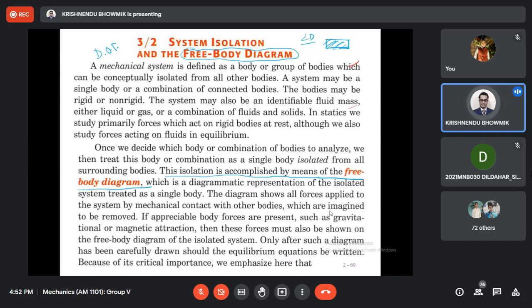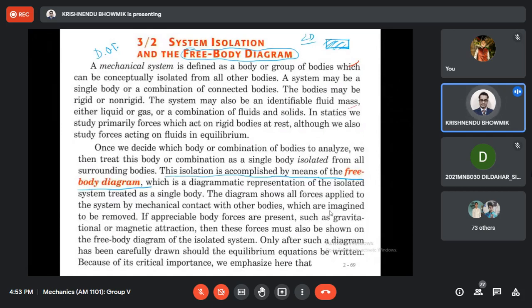Include body forces like weight, if applicable, then represent all forces by vector arrows. If forces are unknown, they should be represented by a vector arrow with unknown magnitude and direction indicated by a symbol with an assumed sense. Sometimes you will get tensile, sometimes compressive, or clockwise or anti-clockwise movement or couple.